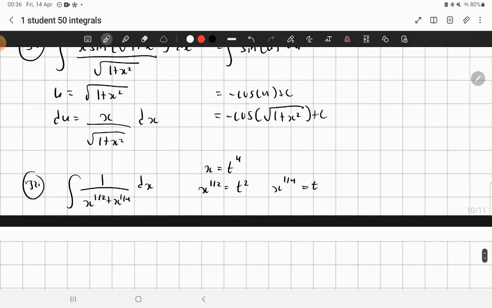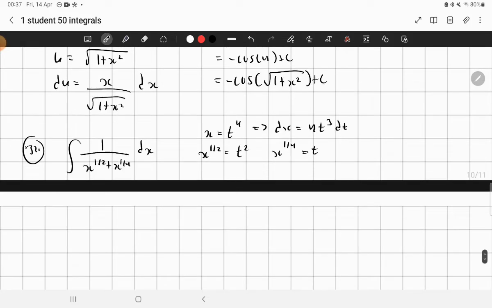And then when I take the first derivative, dx is equal to 4t cubed dt. And then, alright, so 4t cubed over t squared plus t.